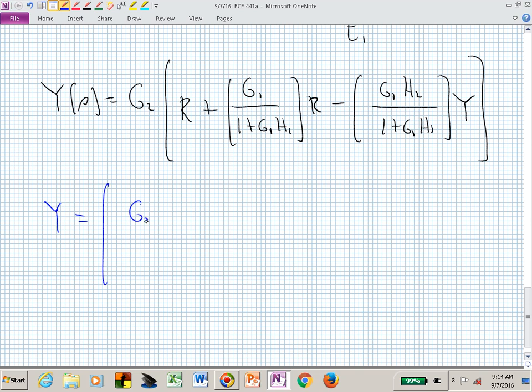If I take G2, which is going to be multiplied by R, and also multiply that by 1 plus G1H1 divided by 1 plus G1H1, that's still just G2 times R. But the reason I did that is because I want a common denominator in all three of these terms.